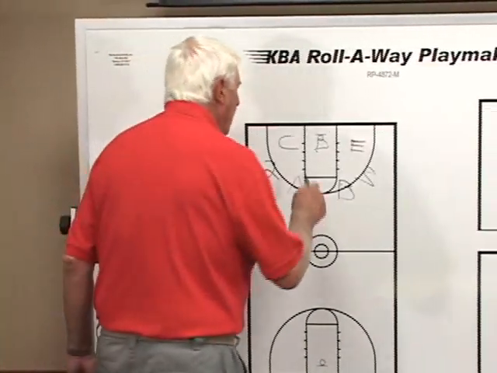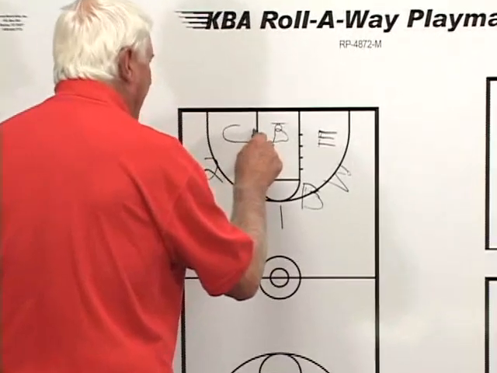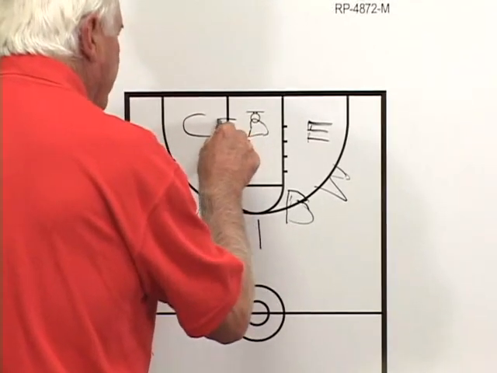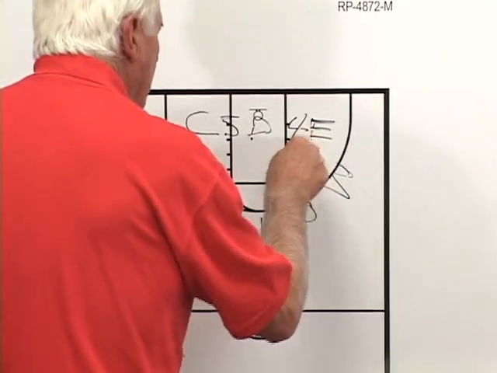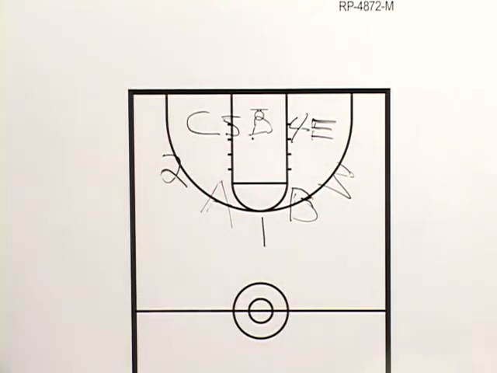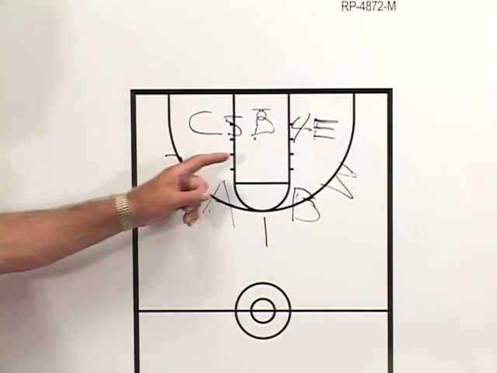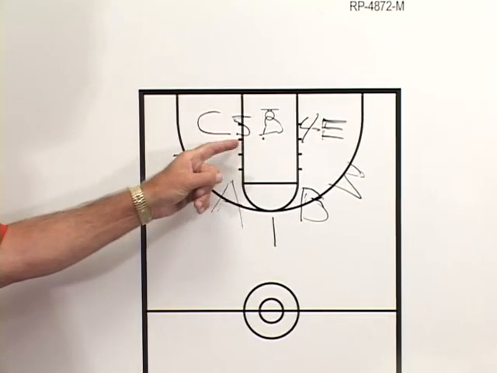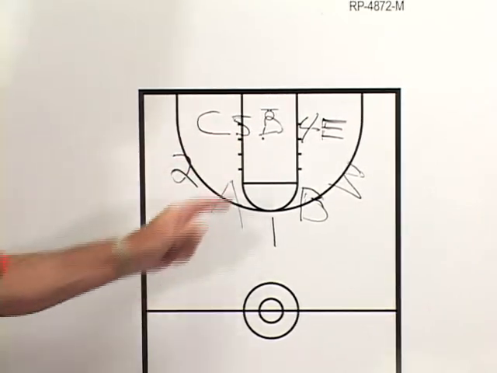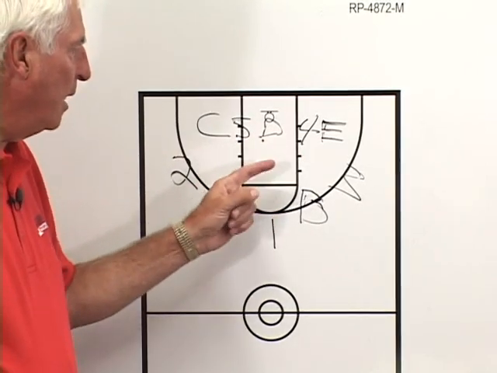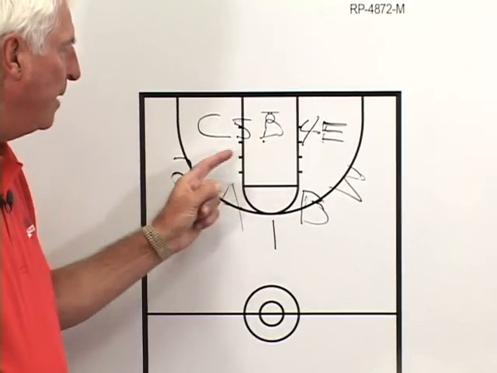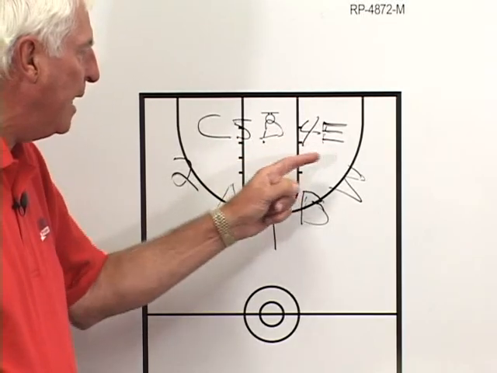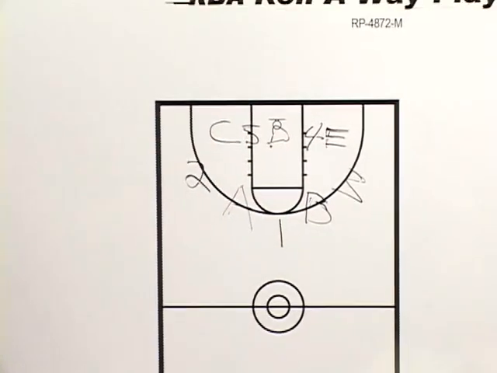So let's put our other 2 players in these gaps, and that's spacing, because now with 5, C and D might be taken up with 5, and D and E are taken up with 4.